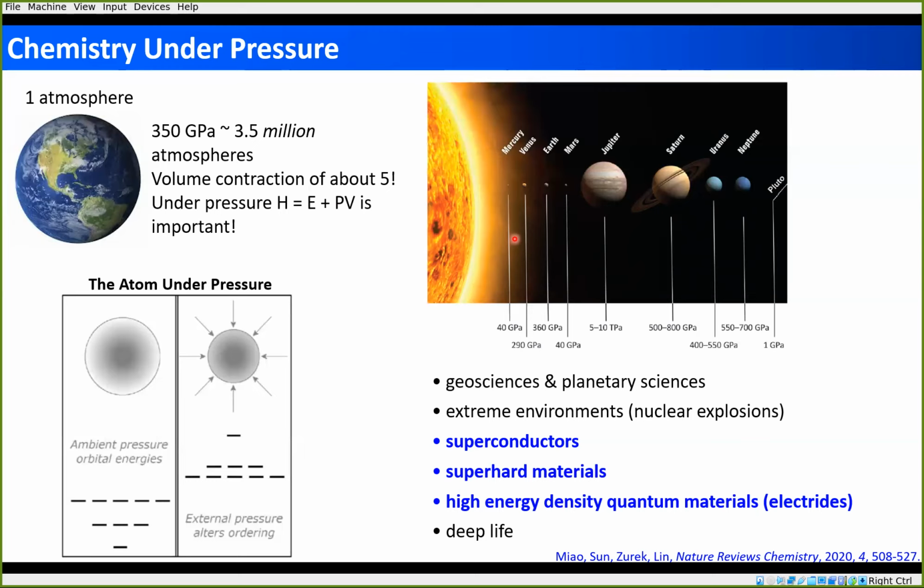And other materials can be made in the lab. Super hard materials, one example is diamond, that can be made under pressure. And what I will refer to as high energy density quantum materials, and I will hopefully talk a little bit about electrides. I will not talk so much about deep life or nuclear explosions or planetary sciences in this talk.